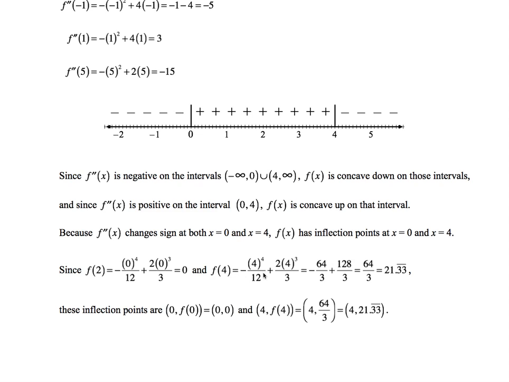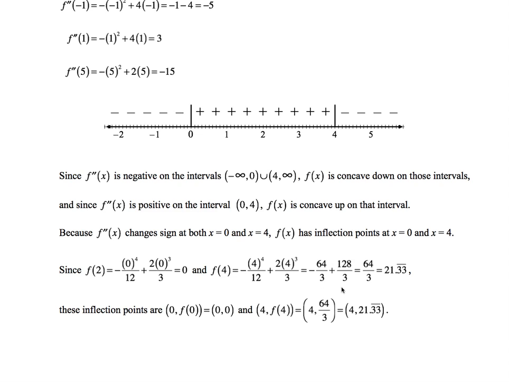Now the second inflection point occurs at x equals 4, so I put a 4 into the parentheses here, and 4 to the fourth is, actually it's not 64, it's 256. Yes, 256.